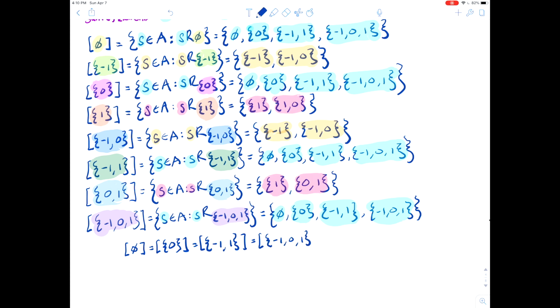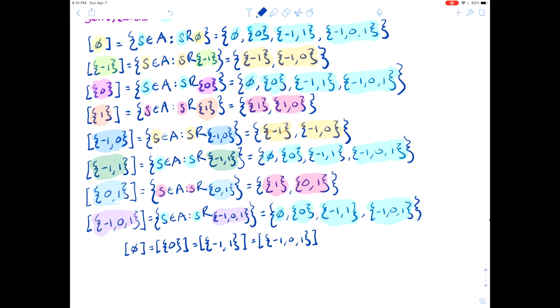So these are all the sets whose elements sum to 0. So we only need to represent that set once for the distinct equivalence classes of R. And now, we're good to go on that.